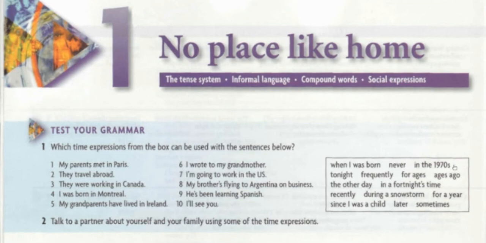Number 7, I'm going to work in the US. What kind of verb? What tense? Future tense. Very good, Fatma. Excellent. So it's I'm going to. It refers to the near future, but it can also be considered present continuous, because of the same rule: we have the verb to be plus a verb with ing, so both of them are true.